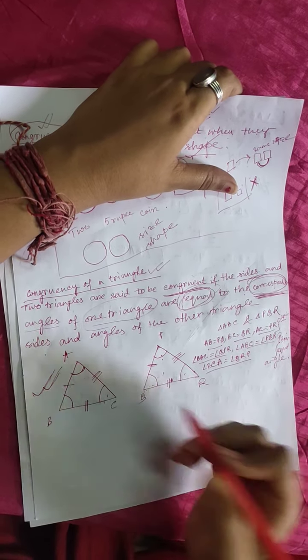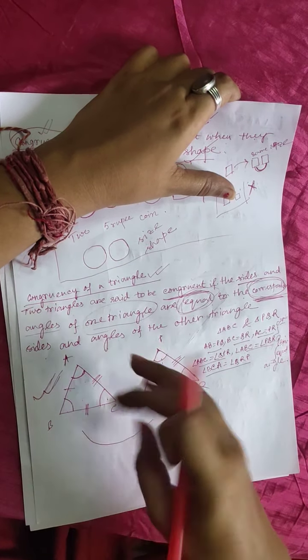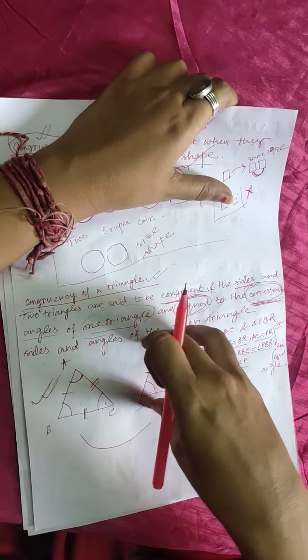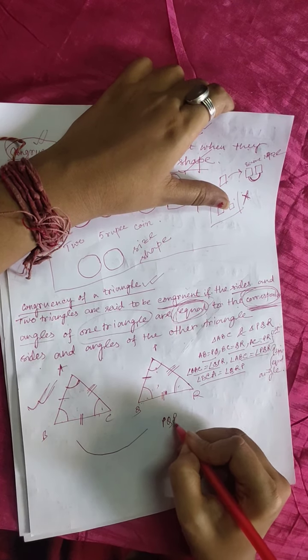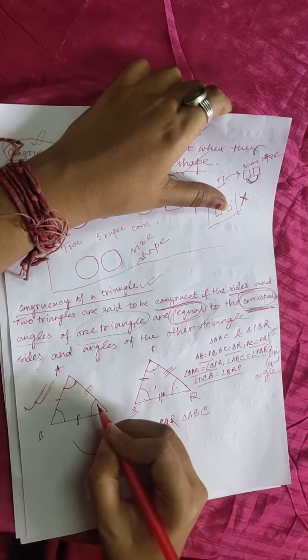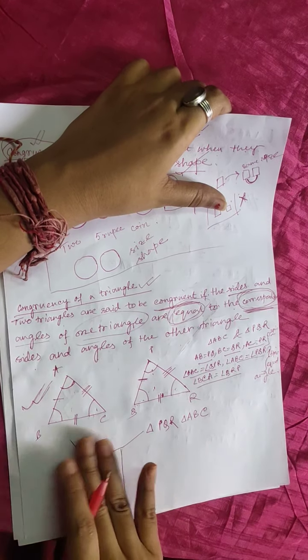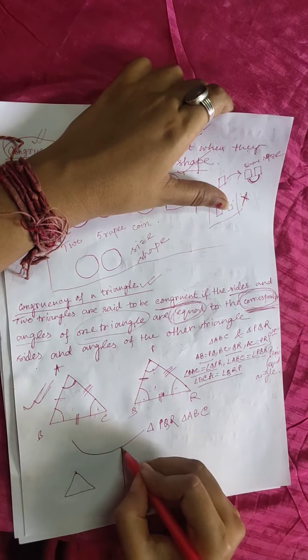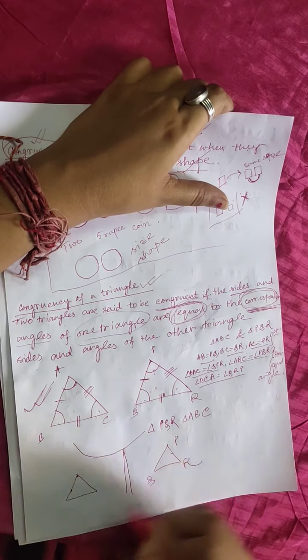That means if we rotate this triangle like this and place it here, it will also be PQR equal to ABC. If we flip this triangle like this, as if here is a mirror, then it will also fit on PQR.